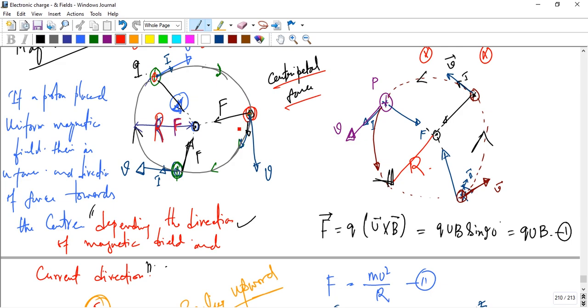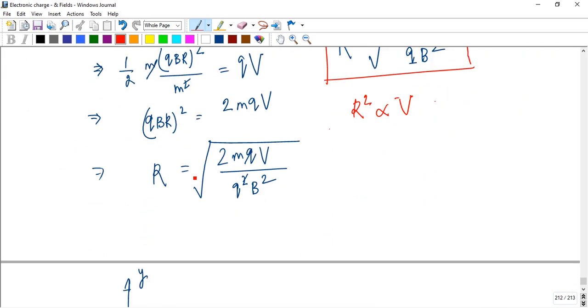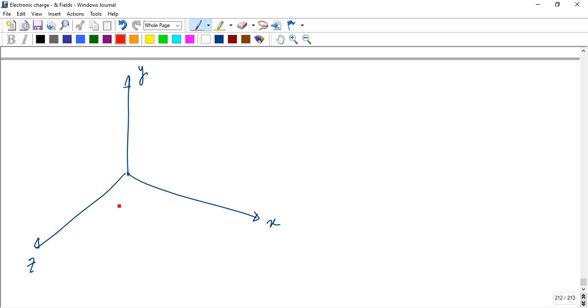I will try to draw that diagram. Obviously it is a 3-dimensional diagram. There is a positive charge, suppose a proton here, and there is a magnetic field B in that direction, parallel to the x-axis.